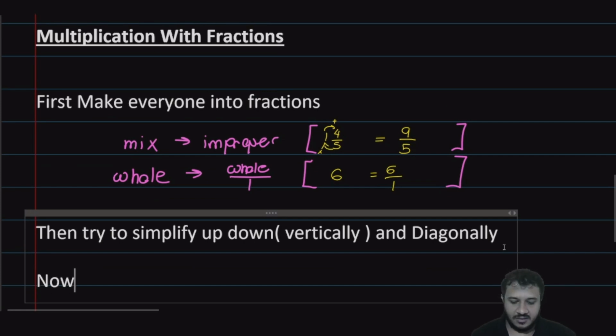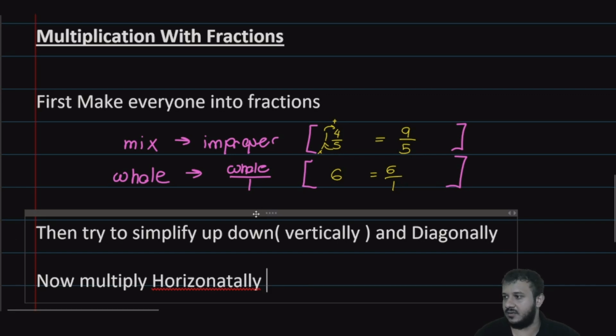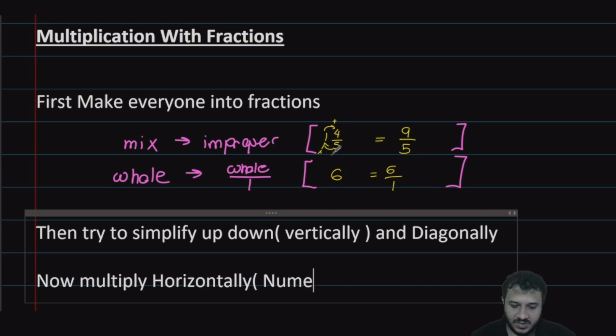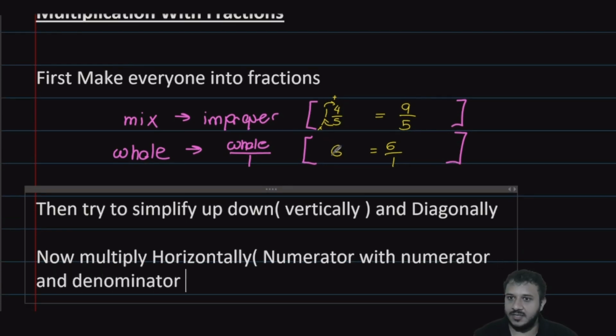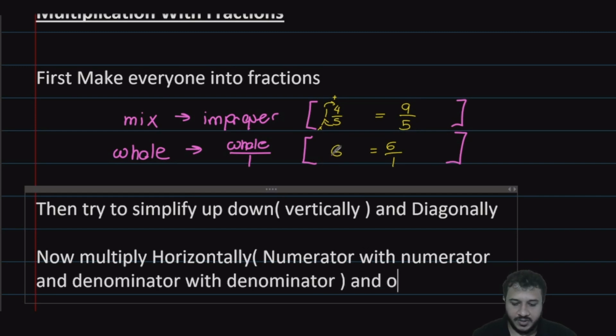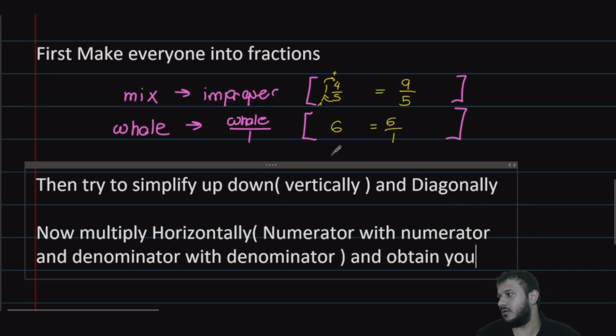Once that is done, now multiply horizontally, or in other words, numerator with numerator and denominator with denominator, and obtain your answer.